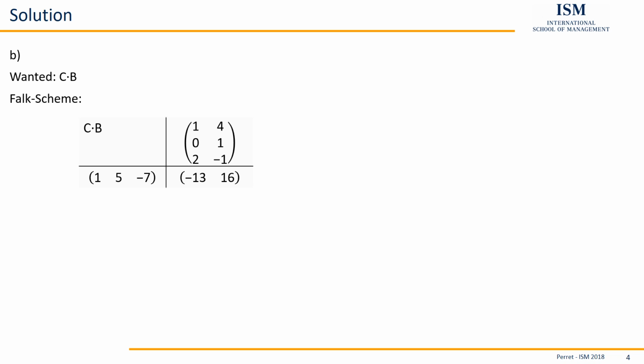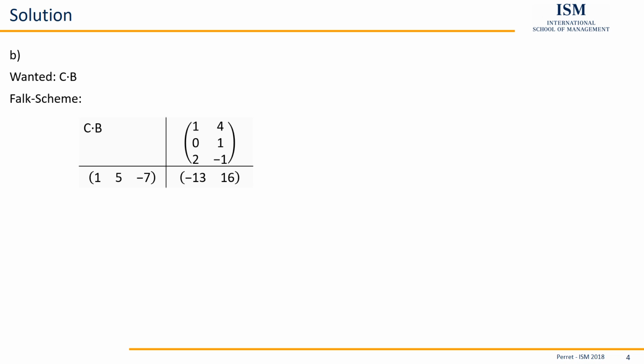So here we're at row 1, column 1, so we take the first row left and the first column in the upper part. Then we just multiply all the elements, adding up the results. So here it goes 1 times 1 plus 5 times 0 plus minus 7 times 2. So we have 1 minus 14 giving us the minus 13.